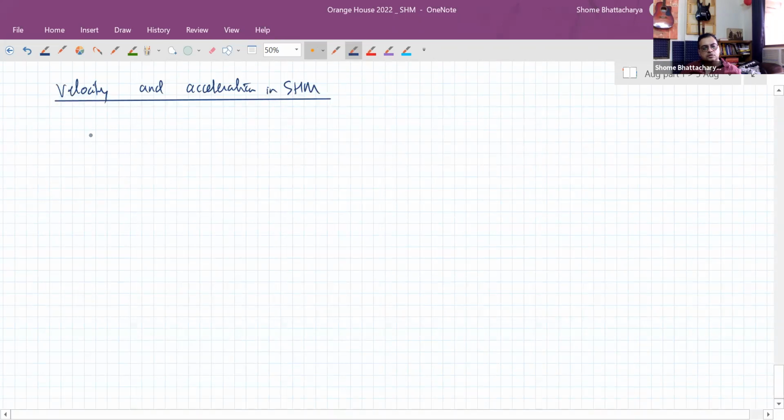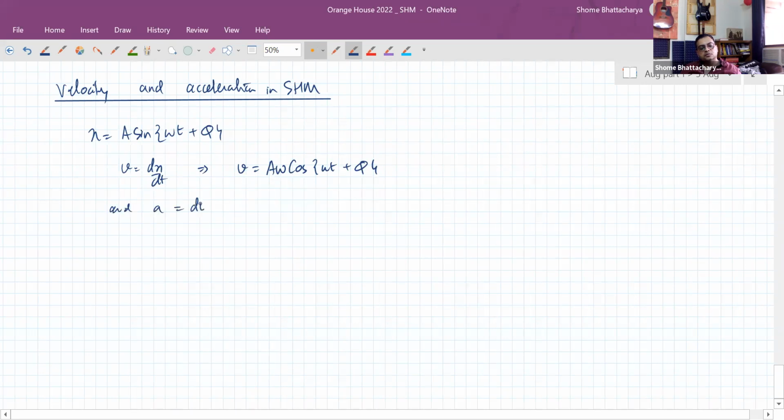So given x is equal to a sine omega t plus phi, and acceleration is dv by dt.